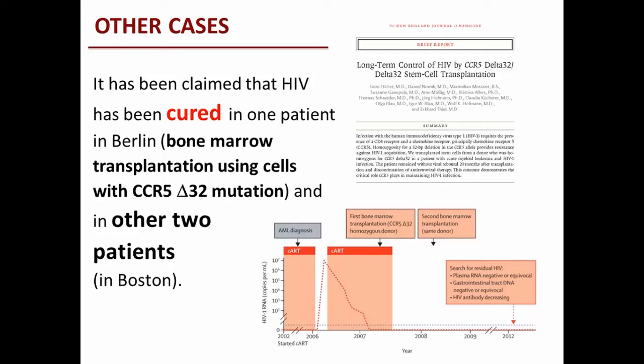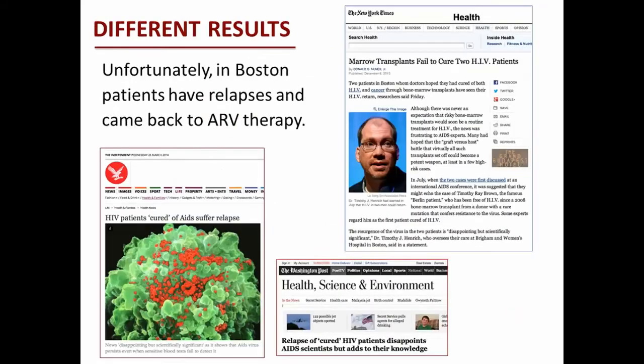These are the graphics showing how the virus went to undetectable levels for many years after transplantation. Unfortunately, both patients had relapses and had to go back to antiretroviral therapy. So the sterilizing cure was not reached in those cases.